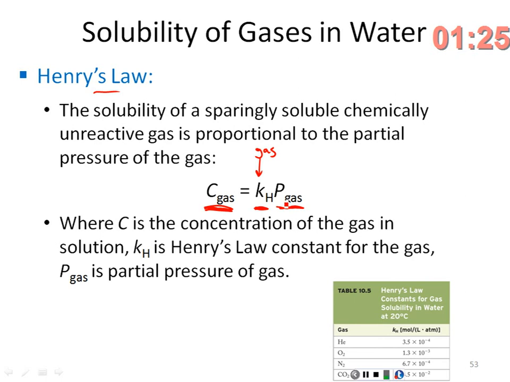So these are two examples of where Henry's law comes into play with the solubility of gases in water in particular.